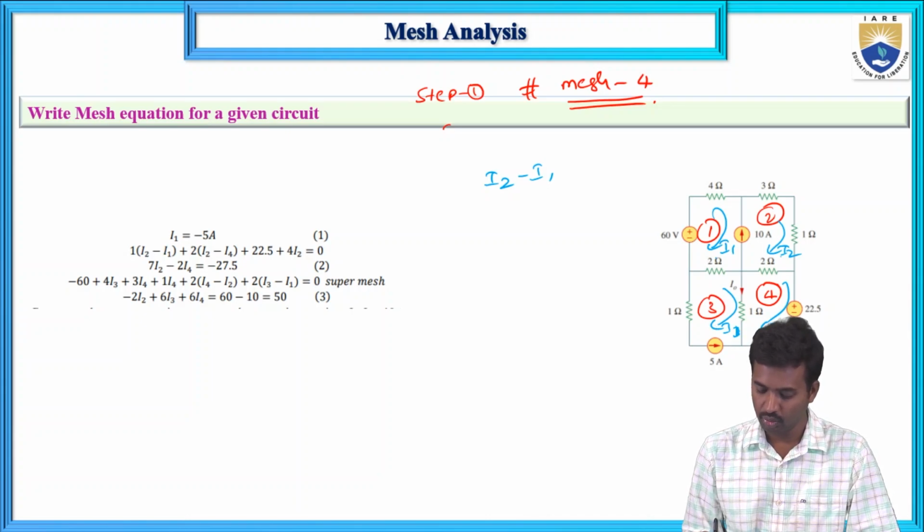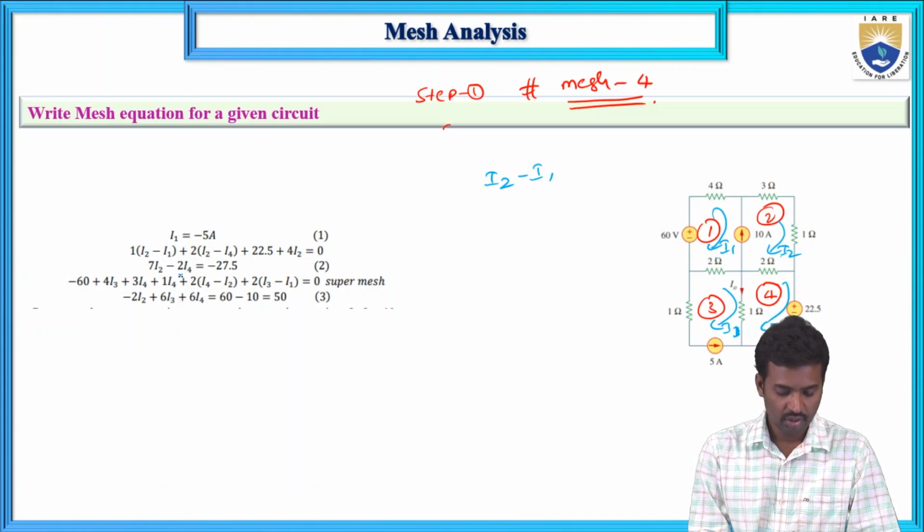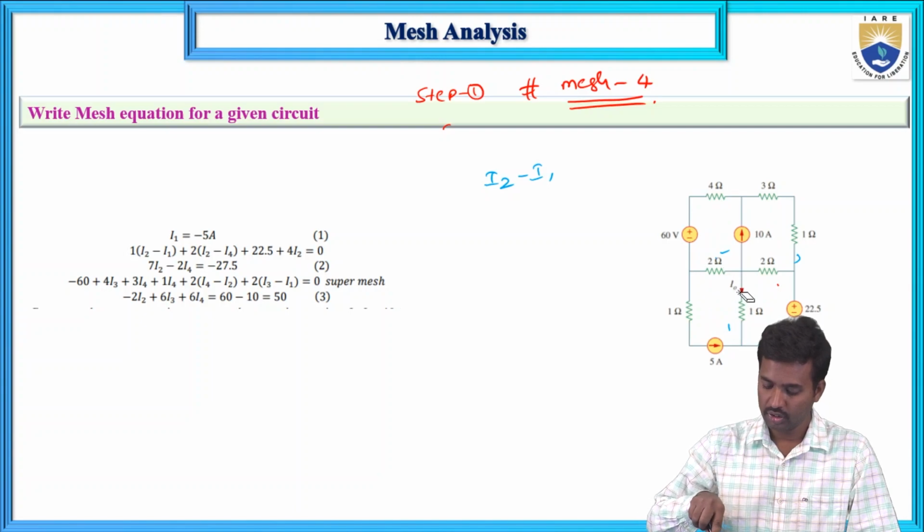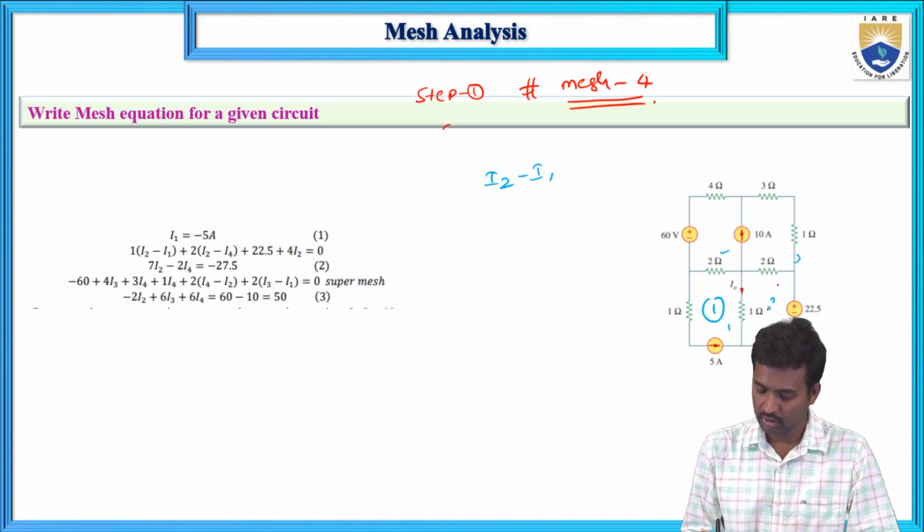This is the super mesh, so this is I3 and I4. This one is I3 and this one is I4. Now if you write this, I am representing the loops again: this is 1, this is 2, this one is 3, and this one is 4.